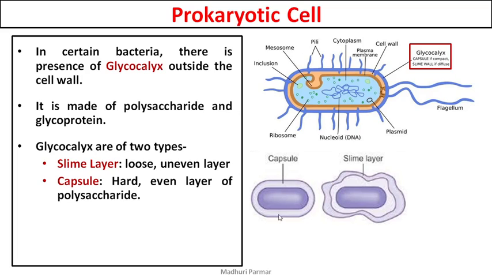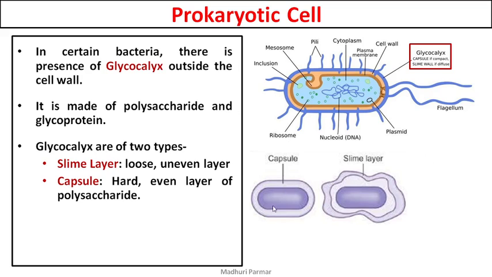So here also, surrounding the bacteria, there is this outer covering of glycocalyx, which is hard, it is very tough, and it has even layer of polysaccharide. It is very even, it is very uniform. This is called capsule. Both of these, capsule and slime layer, are called glycocalyx. Okay, they are types of glycocalyx.